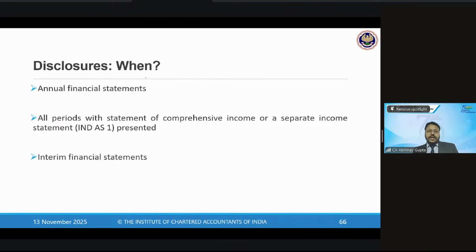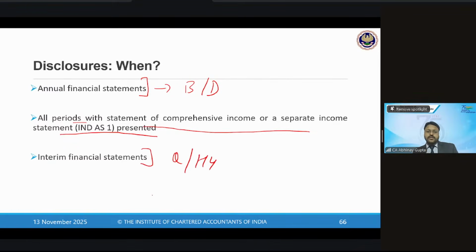Whenever we are preparing the annual financial statements, we need to present basic earning per share and diluted earning per share for all periods presented with the statement of comprehensive income or a separate statement under Ind AS 1, or interim financial statements, quarterly or half yearly, right?